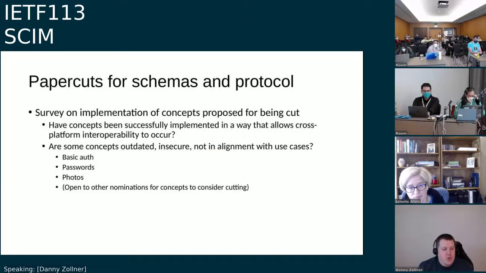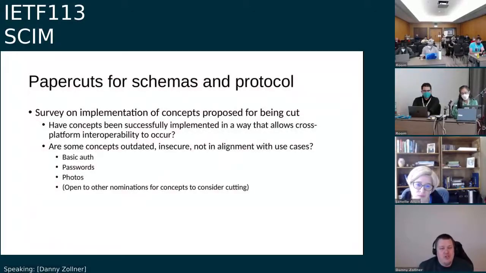There's also passwords. If the common law of the land nowadays, and the industry standard, is federation between an IDP and something else, is there value in the core schema, at least, containing passwords?